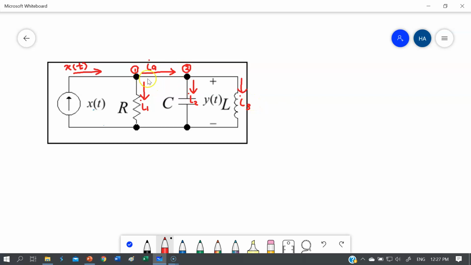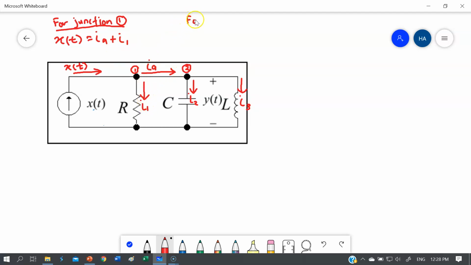If we do a summation of current for junction number 1, we have x of t, which is the current going into the junction, equals IA plus I1, which equals the current going out from the junction.